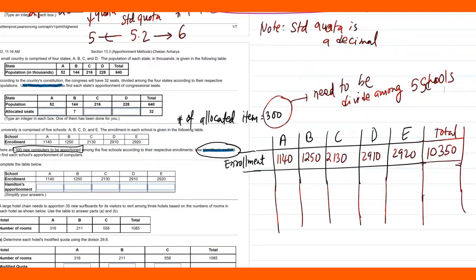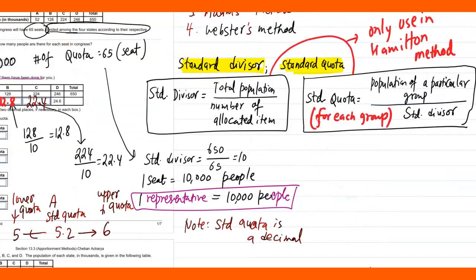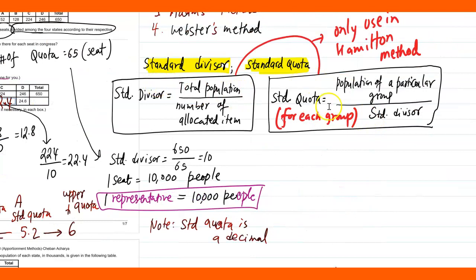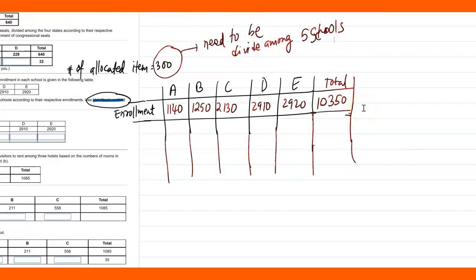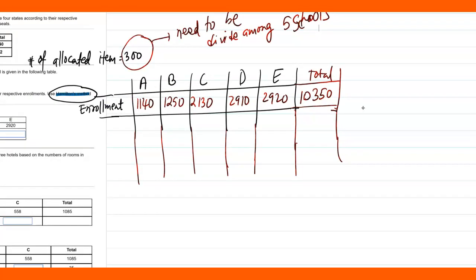I mentioned before, if you guys remember, I use standard divisor and standard quota only in the Hamilton method. Therefore, I have to find the standard divisor first. What's the formula for the standard divisor? How do you find it?